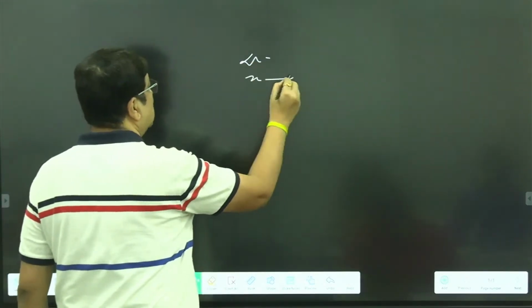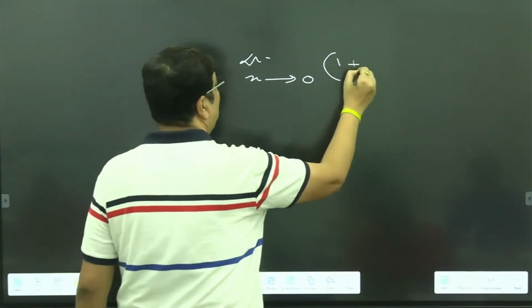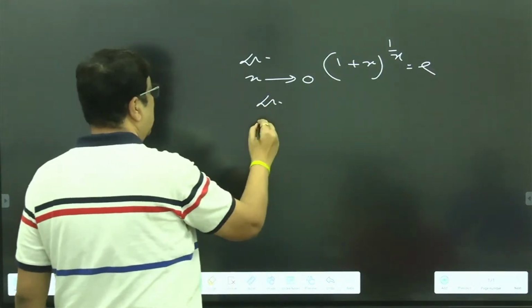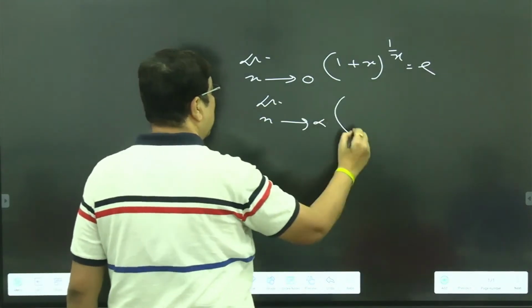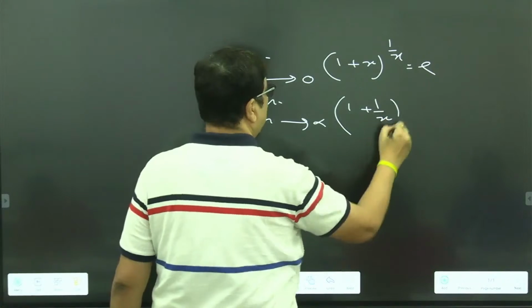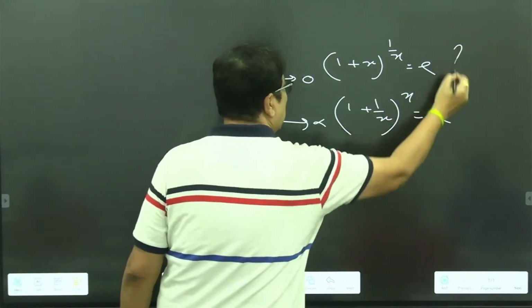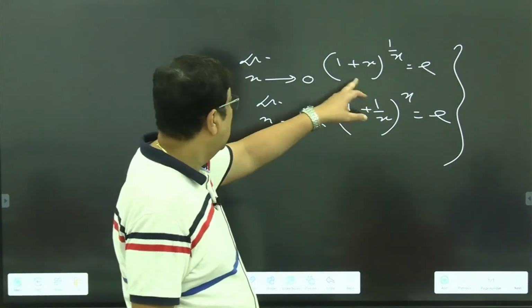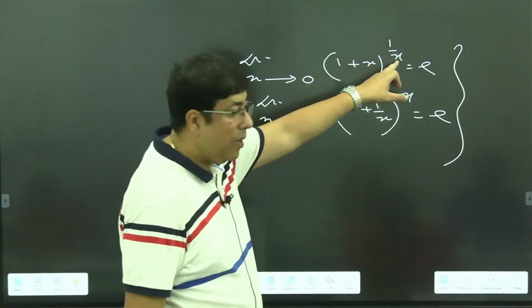Limit x tends to 0, (1 plus x) whole to the power 1 by x equals e, and limit x tends to infinity, (1 plus 1 by x) whole to the power x equals e. Same thing. This is the 1 to the power infinity form. When x is 0, 1 by x is infinity.